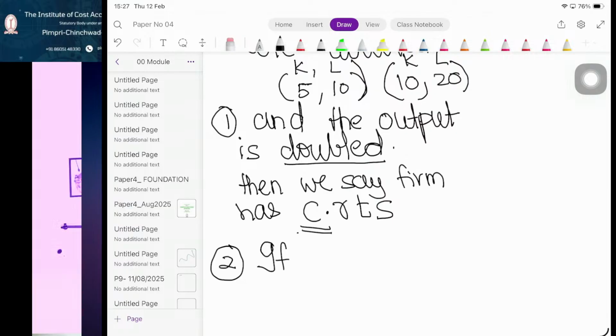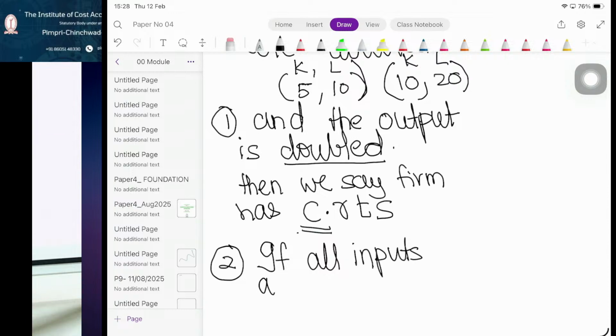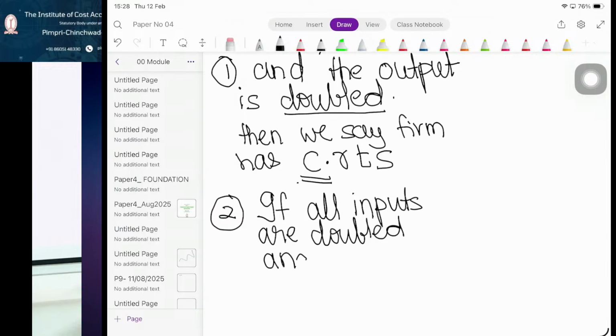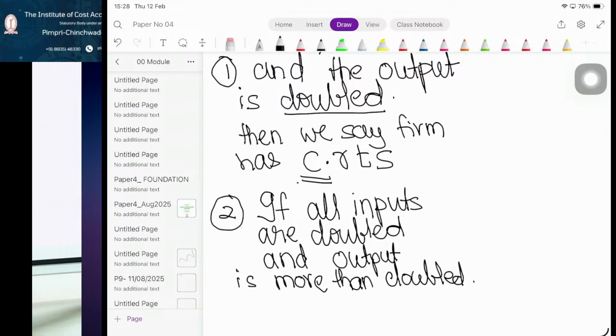If all inputs are doubled and output is more than doubled, meaning inputs doubled but output increased by more than double, maybe tripled, or increased 4 times, then we say that a firm has increasing returns to scale.